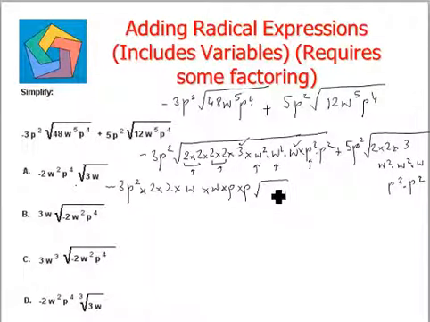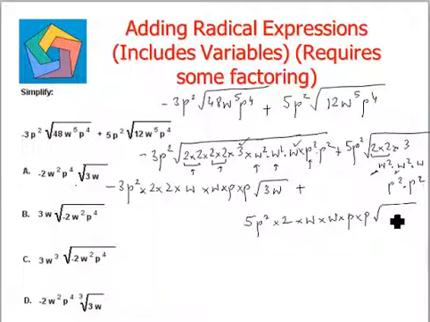Inside we are left with 3w. Plus we have 5p squared, 1 2 from here, we get a w from here, another w from the second w squared, and 2 p's from the 2p squared, and inside we are left with 3w, that is this 3 and 1 w.